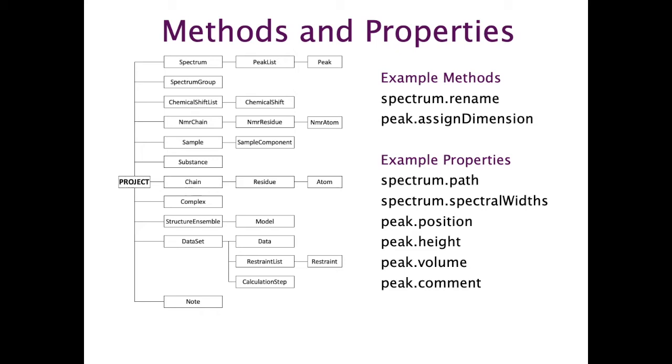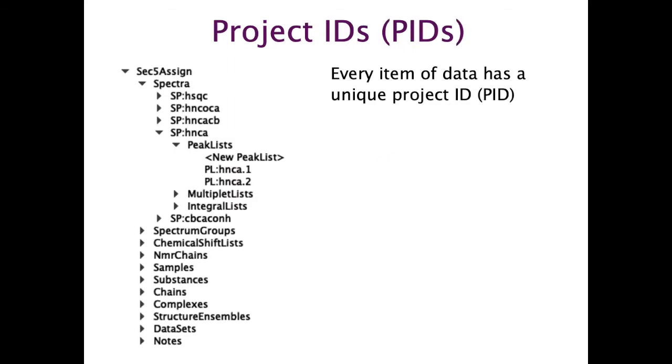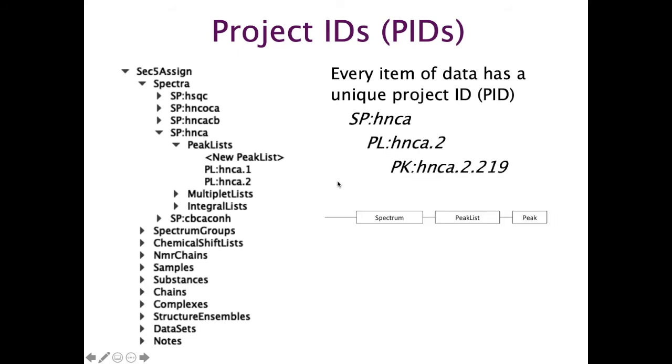Now, another way of accessing your data is through so-called project IDs, or PIDs for short. Every object, every item of data in your project has a unique project ID, and we've tried to keep those simple. They're actually the names that they have in the sidebar of your project. A spectrum, for instance, would be SP:HNCA, and then the peak list would be PL:HNCA.2, for instance.